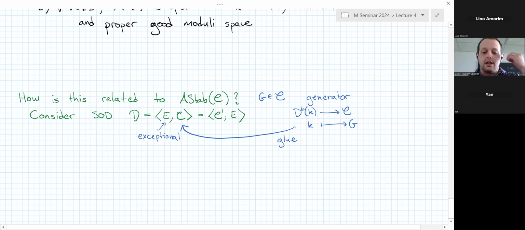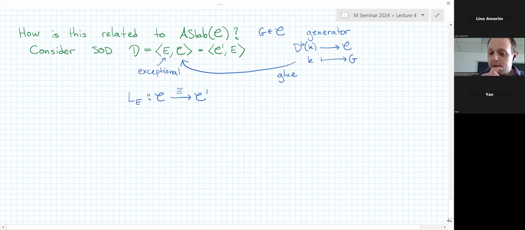And then you have the original category C as a semiorthogonal factor. And then I can mutate. So I have this left mutation functor, which is an equivalence from C to C prime.